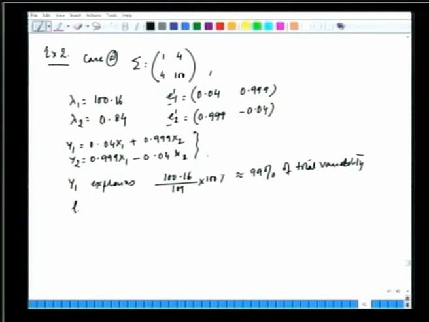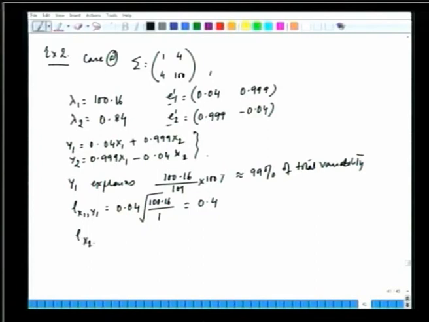I have rho x1 y1. This is important, and only the first eigenvector is coming into the picture. This is the Eij part, that is E11 here, and then I have the standard deviation of the first principal component, 100.16, by sigma 11, that's 1, and this is giving me 0.04, actually, not 0.04.